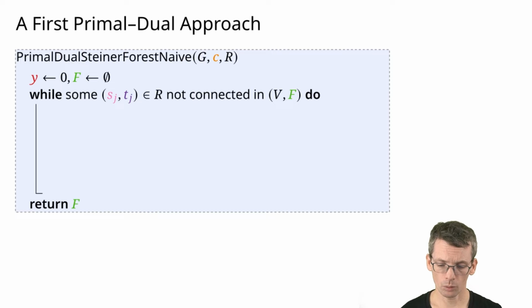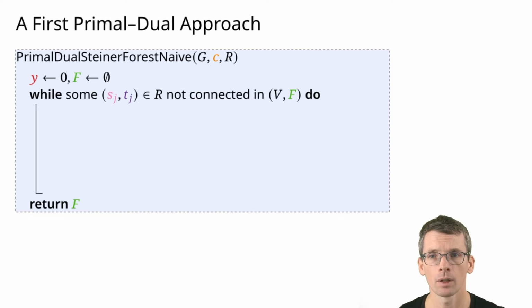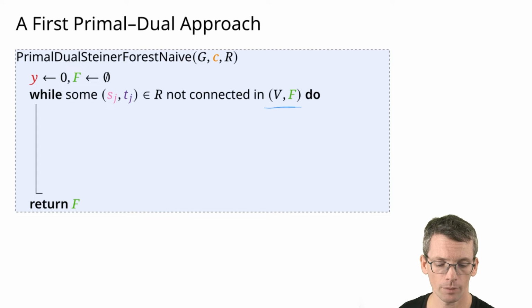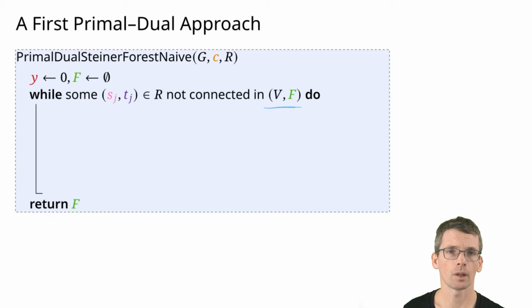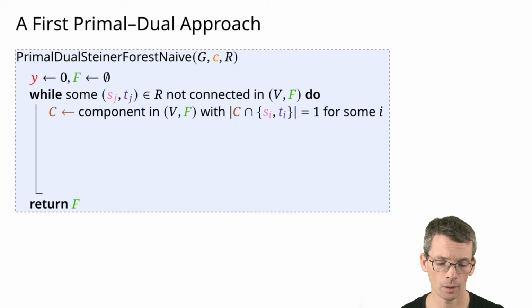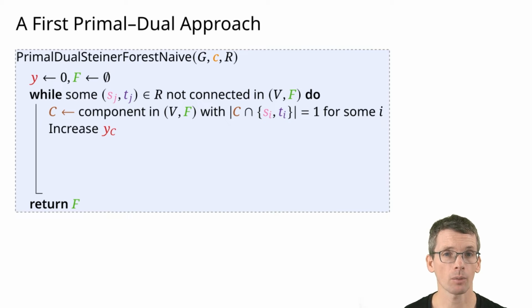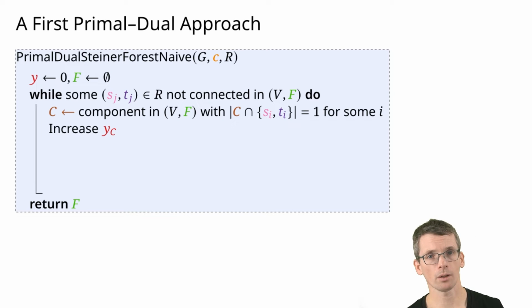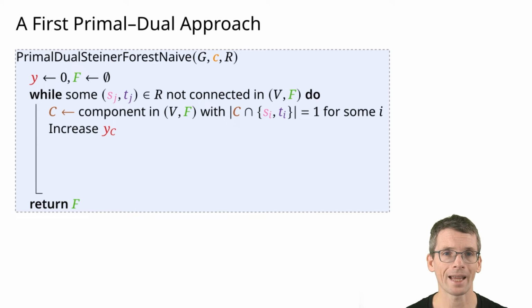So what we're going to do is, while there is a pair that is not yet connected in the graph that I get by taking those edges, I'm picking one component in the current graph such that only S_i or T_i is contained in it for some i. And for that component, I'm going to increase the corresponding dual variable, Y_C.